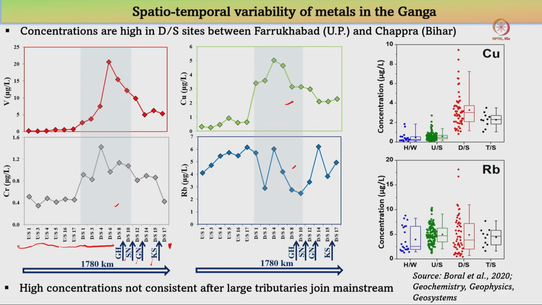This is just the mainstream as it evolves from the Himalayas to the Bengal delta. This is not close to the delta; this is where the river enters Bangladesh, and we have no longer any entry into the river. This place is called Farakka, where the river enters Bangladesh. That is the last point.